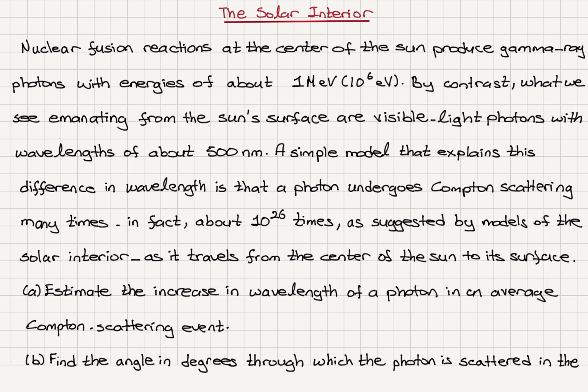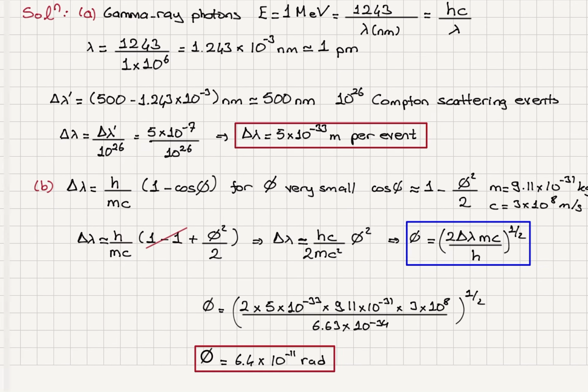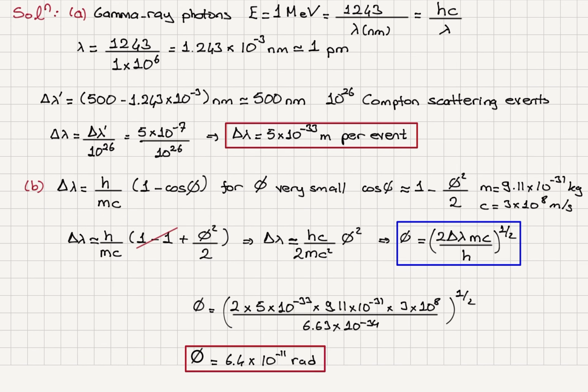So what is the increase in the wavelength of a photon in an average Compton scattering event? The gamma ray photons have a wavelength of 1 picometer. That's what we see from E equals hc over lambda. And the change in wavelength is about 500 nanometers. And we have 10^26 Compton scattering events. So the change in wavelength per Compton scattering event is 5 times 10^-33 meters.